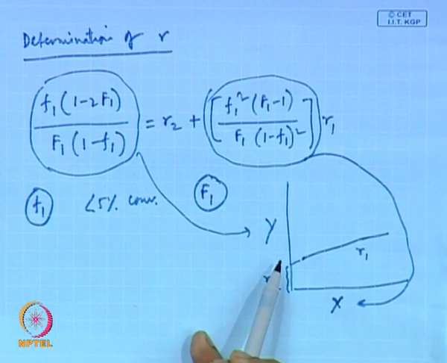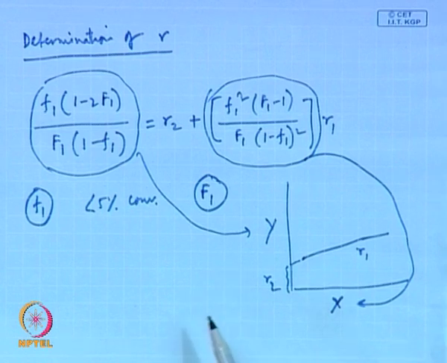But this is an old method; nowadays these are not practiced in the lab. There are more sophisticated statistical methods, which are computerized, used to determine R1 and R2.